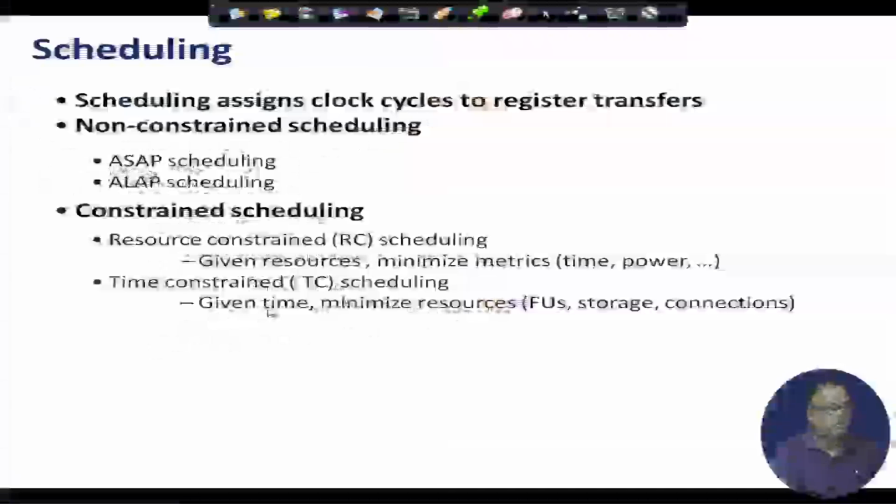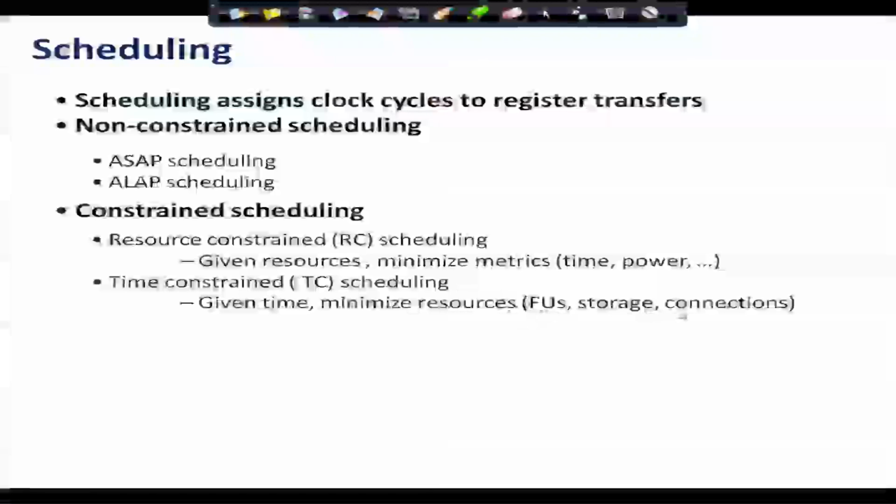We have to satisfy a particular time, and respecting that, we try to minimize the number of functional units, the storage connections, etc. In the resource constraint, the number of resources is already given, so based on that you see how fast you can do it and how you can minimize power, etc.